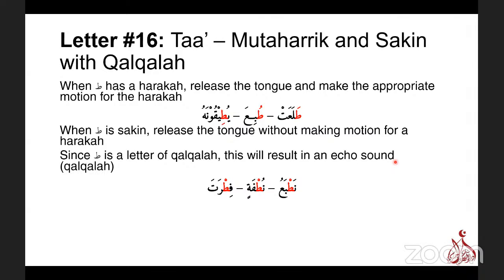So we have natu, nutu, fitr. All three of them should sound exactly the same. There should be no fatha, dhamma, or kasra sound. It shouldn't be nataba'u, it shouldn't be nutufa, and it shouldn't be fitira. They should sound exactly the same because they are the same.